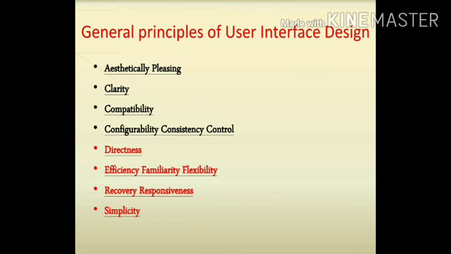Similarly, the user interface must provide direct ways to accomplish the tasks. Therefore, directness is expected so that available alternatives should always be visible to the user, and the effect of actions on the objects should also be made very clear and visible to the user. Similarly, the user interface should be efficient, familiar, and flexible.